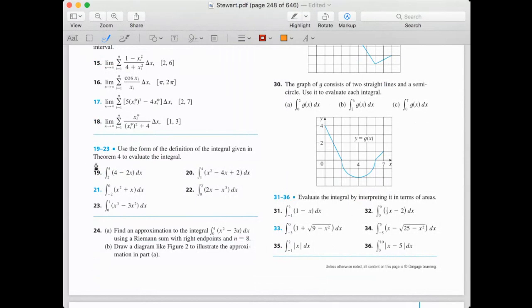Let's try those 3. Use the definition. Apply the definition. All right, 19, 21, 23. We'll spend maybe 10 minutes. Try this.